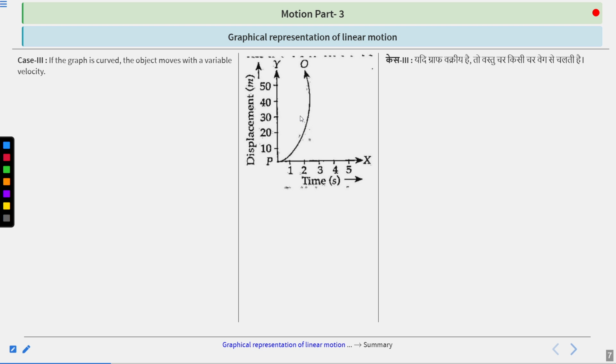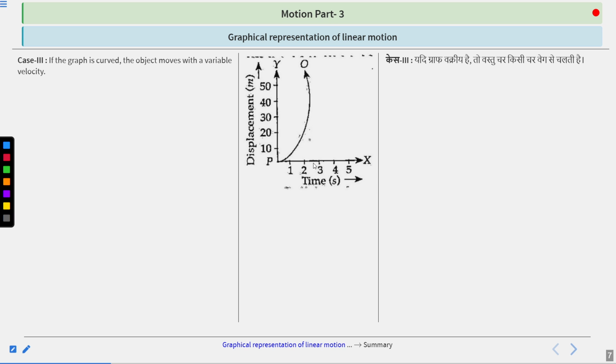Case 3. If the graph is curved, the object moves with a variable velocity. Okay, like here you can say this is the graph. The graph is curved. So at 1 it was 10, at 2 it was 20. Then at 3 it was maybe about 25, at 4 it may be around 28, and at 5 it will maybe be around the same.